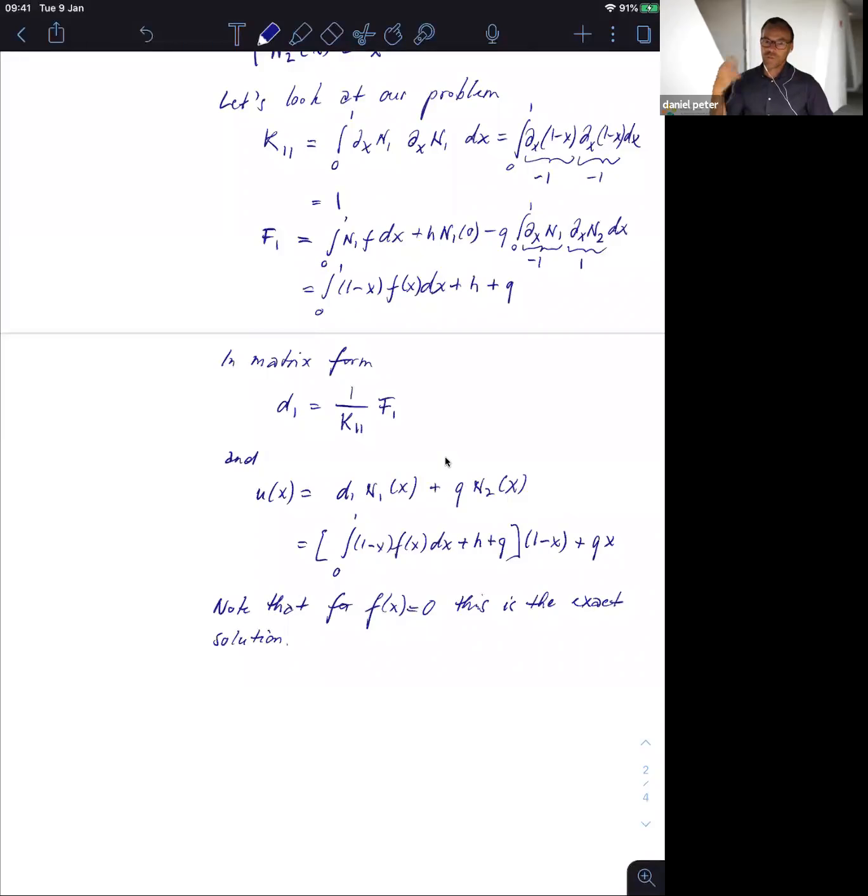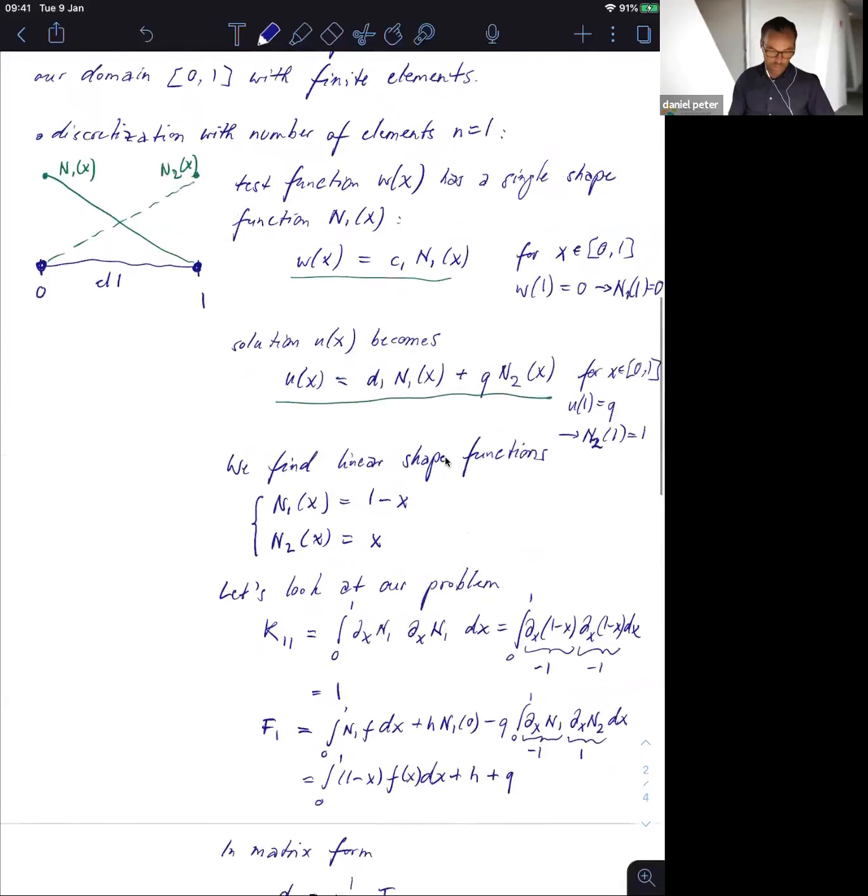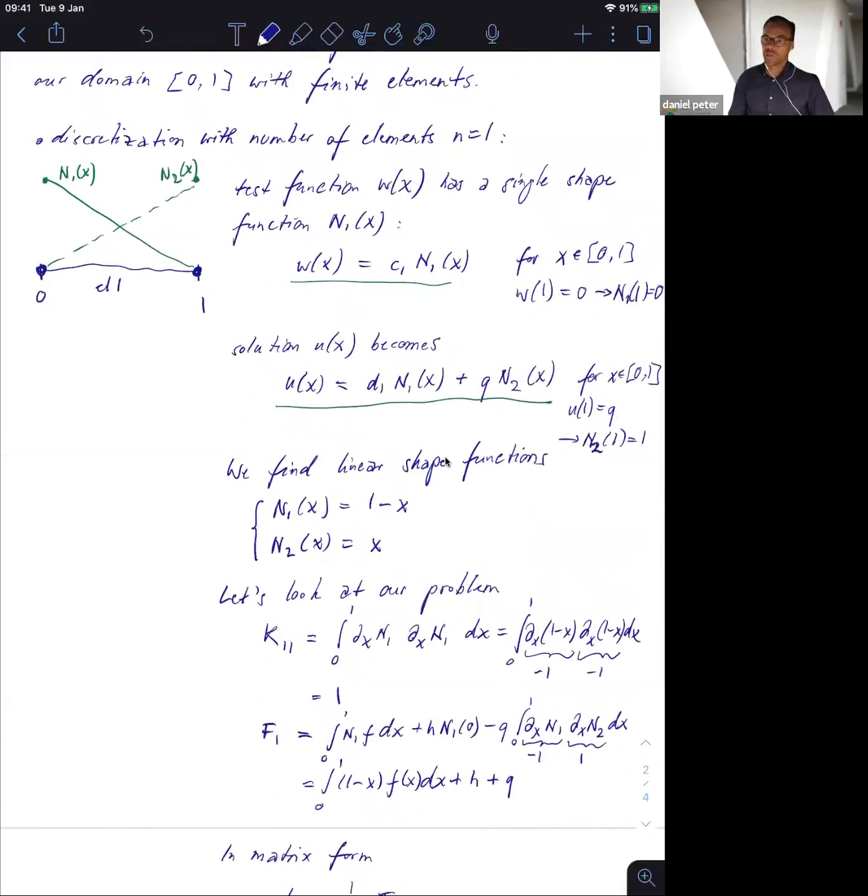And the only difference then comes in when f of x is not 0. Good, is that clear?